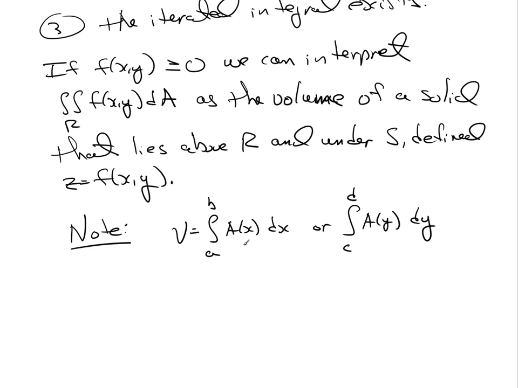That represents the area as a function of x or the area as a function of y, depending on whether it's perpendicular to the x or the y axis. But if we could find that cross-section, good deal. If not, then you definitely still have to do the iterated integral that we've been talking about here.